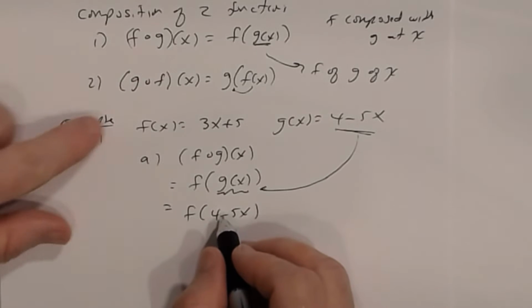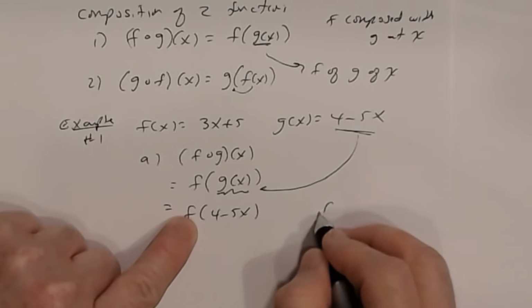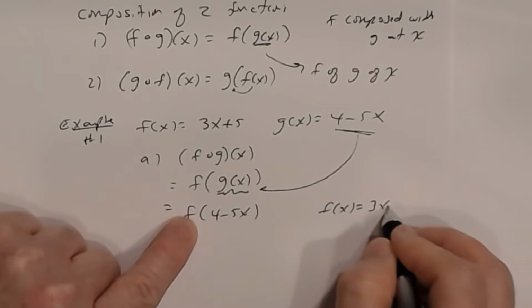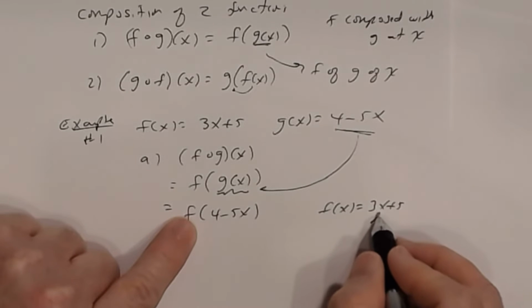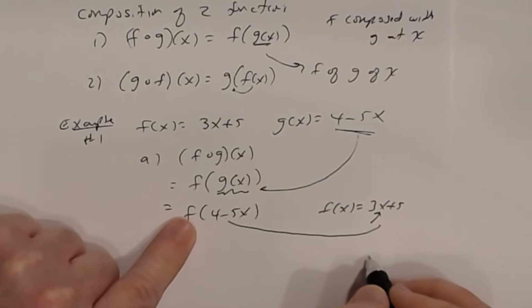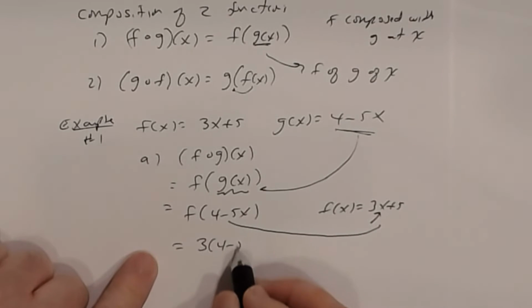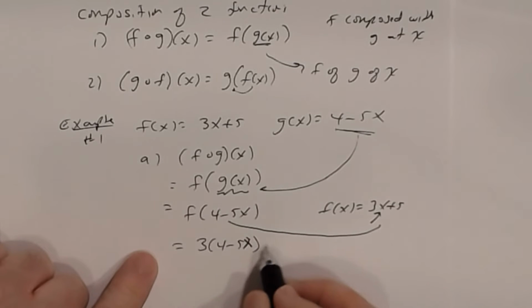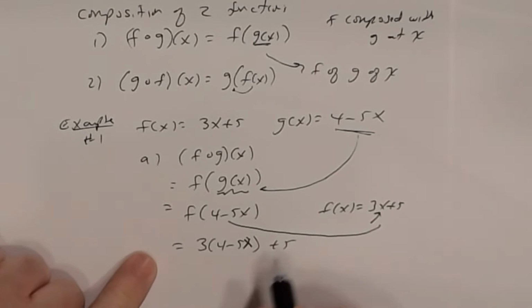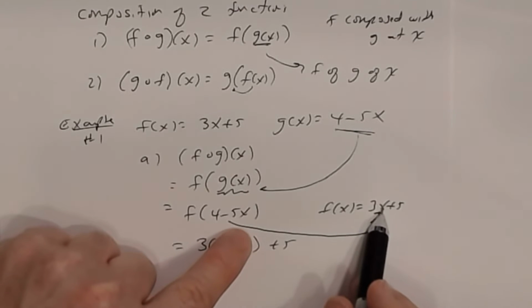So now I go to my function f this time. f of x is 3x plus 5. And wherever I see the variable x, I substitute 4 minus 5x. So this becomes 3 times 4 minus 5x, plus 5.